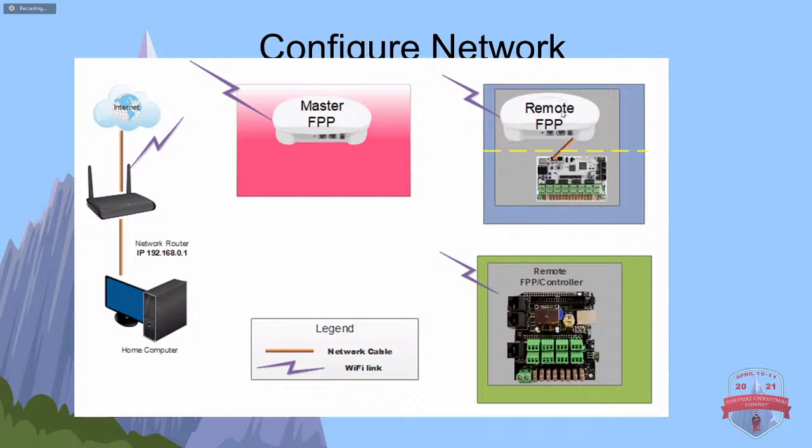It'll also have a net mask, but not the gateway. You still want your communication to go out your wireless gateway, which will take it here. So no gateway on your ETH0. Now your controller, you're going to configure with an IP address based on whatever subnet you set on the remote FPP in this instance, and we'll get into that in just a little bit.